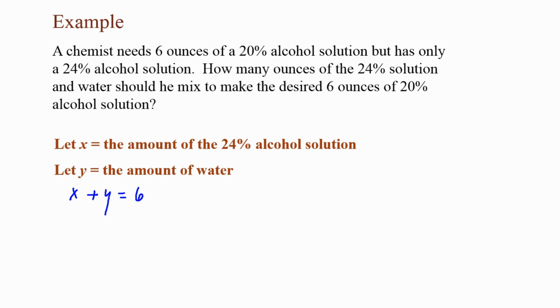Since x amount of the solution has 24% alcohol, we want to write the 24% as a decimal. So 0.24 times x represents the amount of alcohol in x ounces. y is water, so it has 0% alcohol in it. So 0 times y represents the amount of alcohol in the water. I add that to get 6 ounces with 20% alcohol in it.